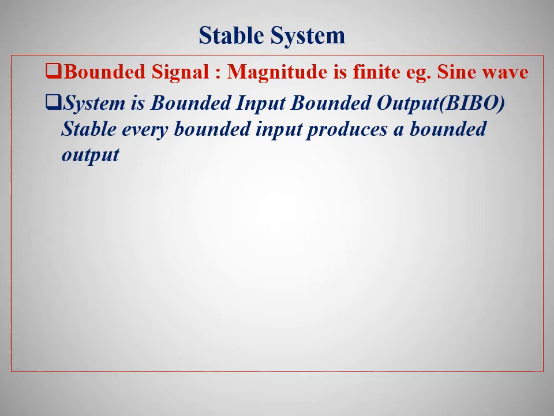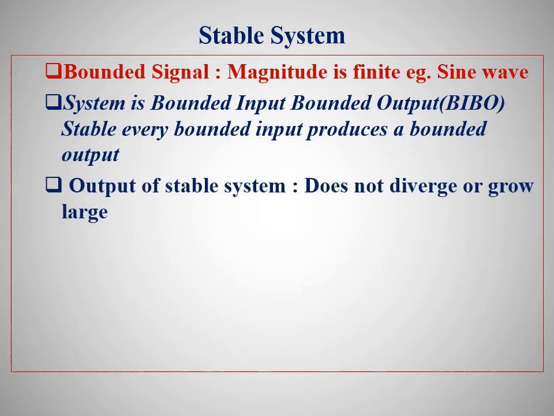Even if one of the inputs becomes unbounded or the output becomes unbounded, which means it tends to infinity, the system is not going to be stable. In other words, the output of a stable system is going to remain within a certain finite range. It does not diverge or grow large.